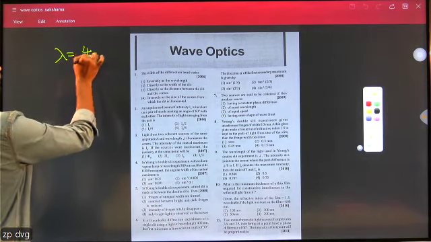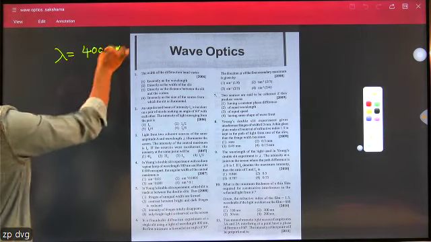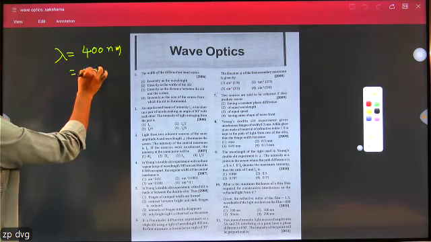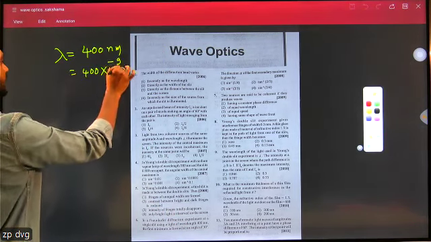Nano means 400 into 10 to the power of minus 9 meter.